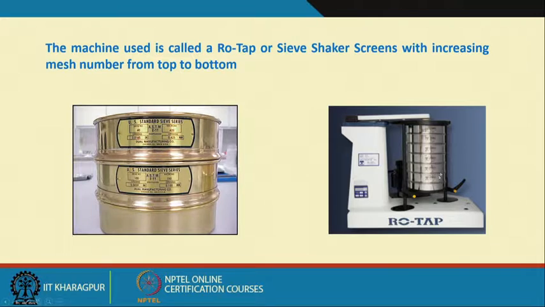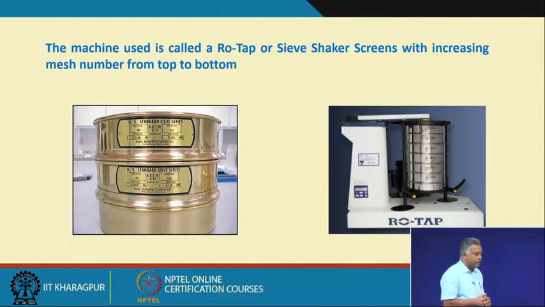Now, when you have a stack of sieves like this, from coarsest to finest, it is easier to say, but how do I decide which sieves I should be using? As I said, first you have to guess whether we have particles in the range of millimeter sizes or micrometer sizes.